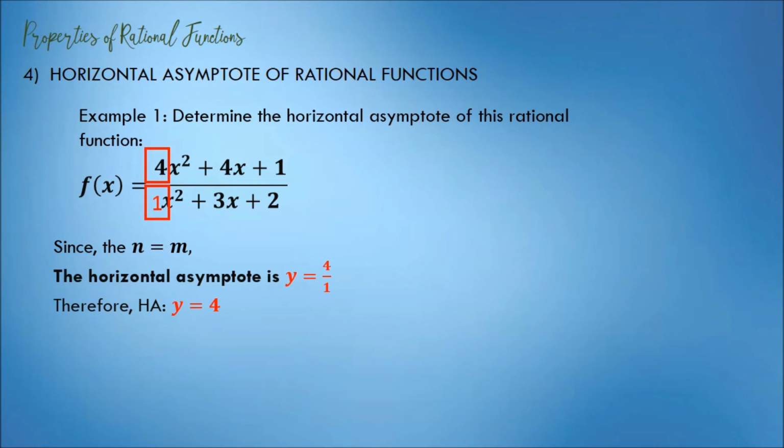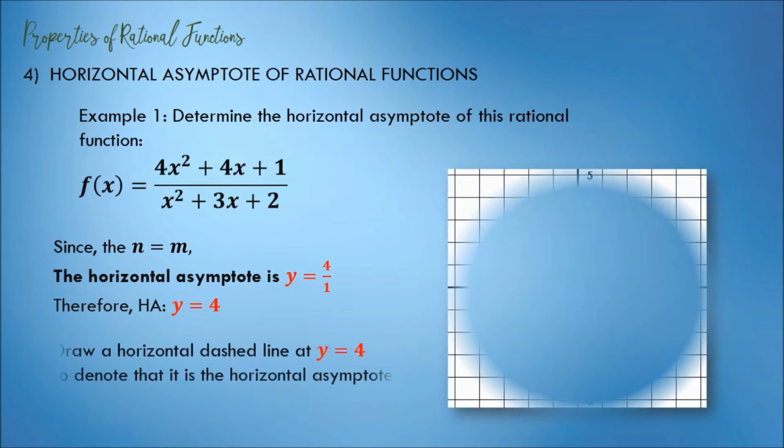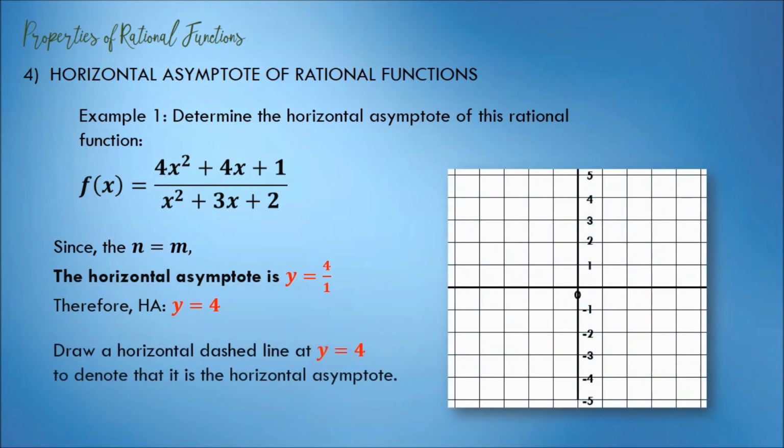That is, y is equal to 4 over 1. Therefore, the horizontal asymptote is y equals 4. Draw a horizontal dashed line at y equals 4 to denote that it is the horizontal asymptote of the given rational function.